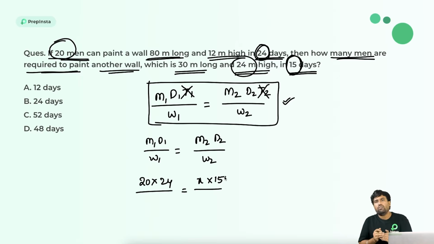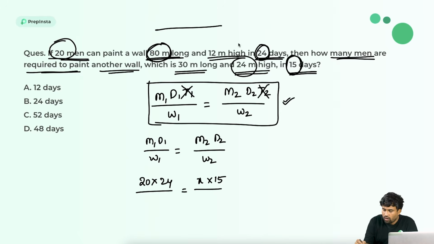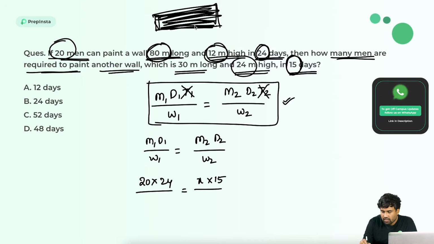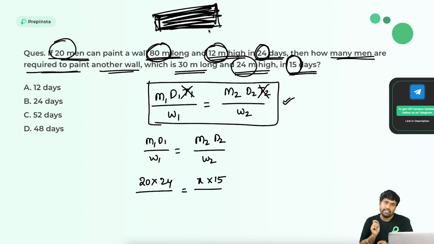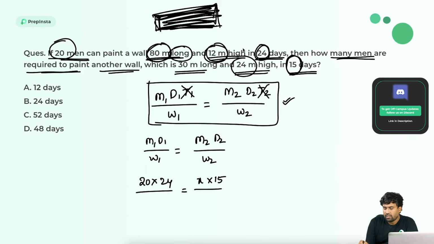So here the total work: see, 80 meters long wall and 12 meters high wall. The area of the wall that needs to be painted is considered to be the work. So you have to consider it as work, which is how much area they need to paint. In order to get the area, you have to multiply the length into height, right?